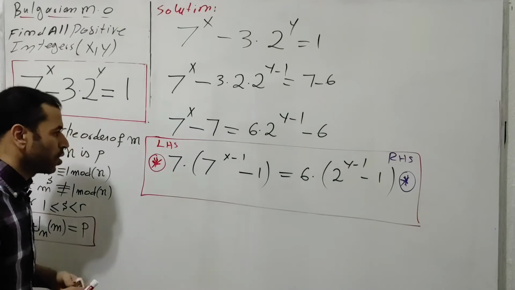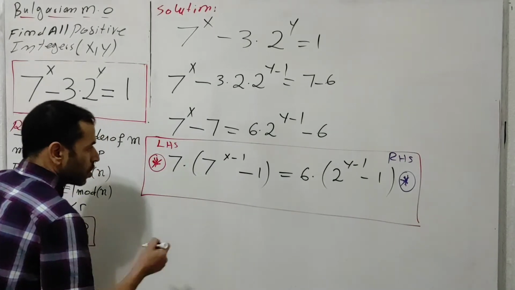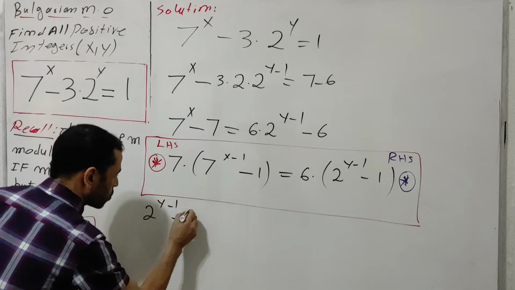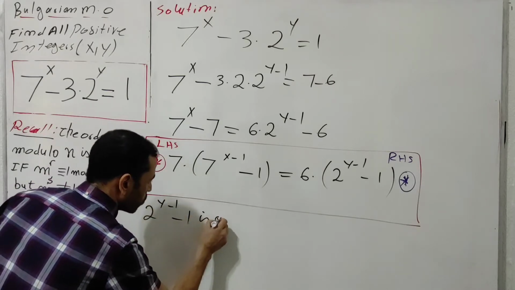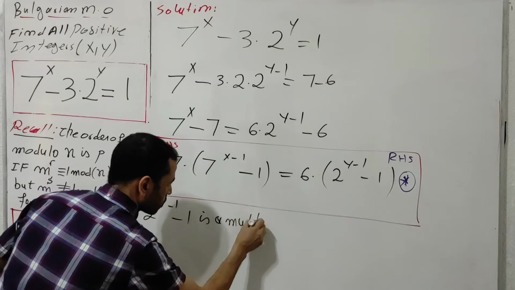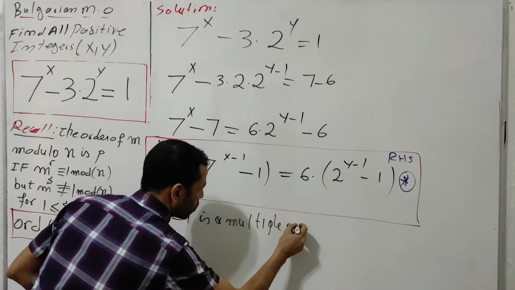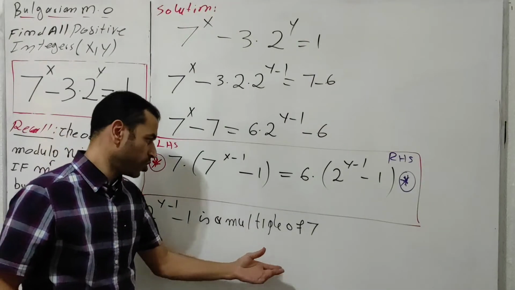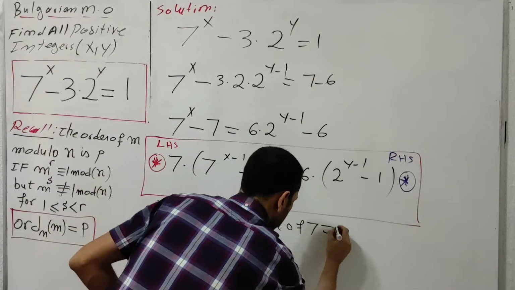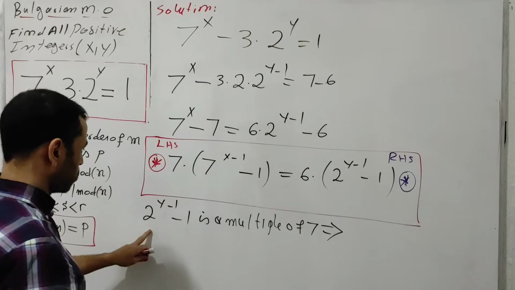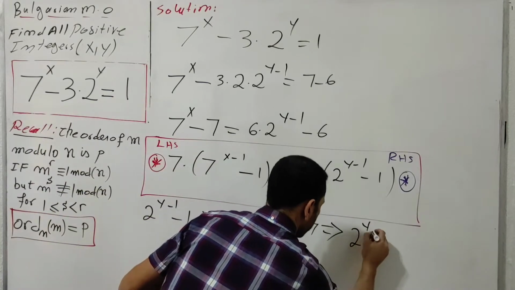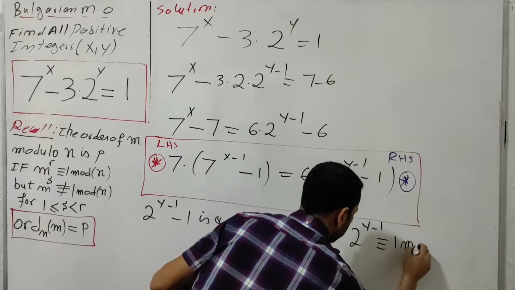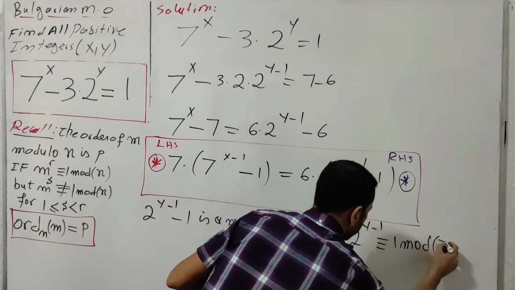Okay, let's write down that 2 to the y minus 1, minus 1 is a multiple of 7. I'm going to use the congruence definition here. So that means 2 to the y minus 1 is congruent to 1 mod 7.